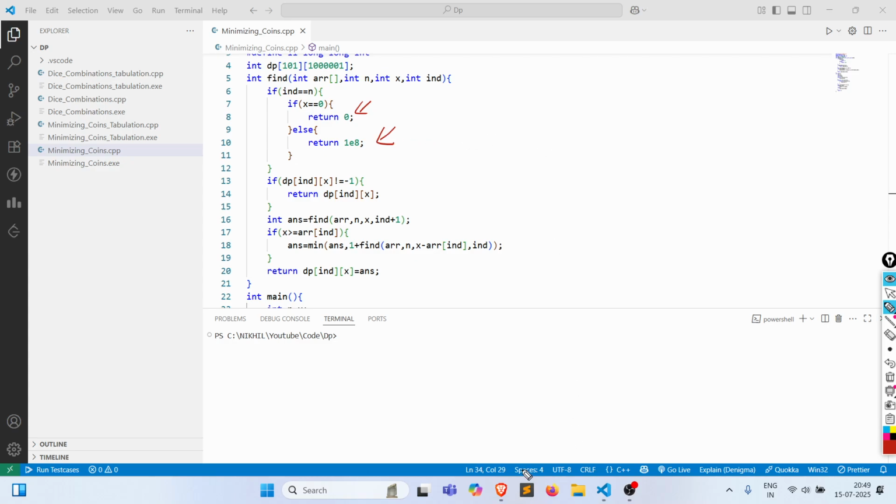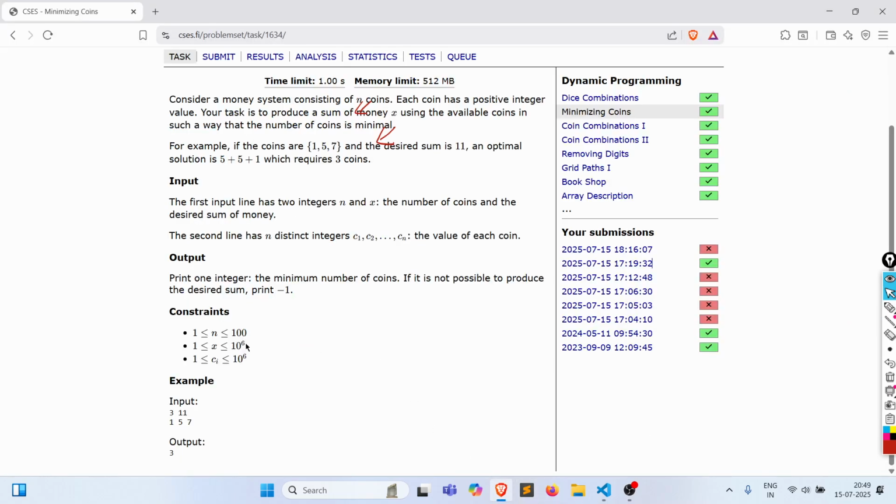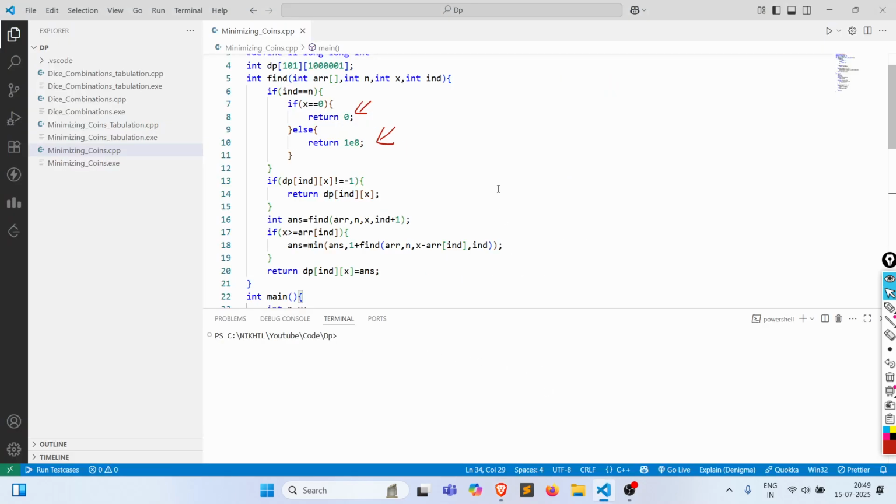Because as we can see in the problem, the maximum value of x can be 186 and the minimum value of the coin can be 1, so the answer can never be 188. For that reason I have returned 188 over here, and then we are simply checking in the cache if it is already solved or not.